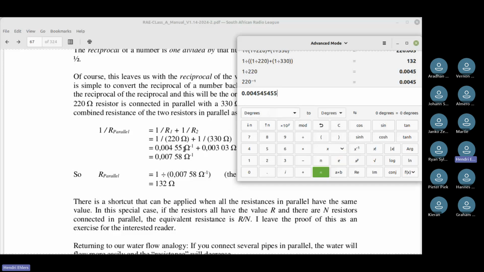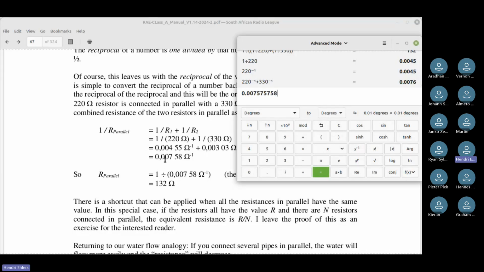Right. So now we know that that and that is the same. So we will say 220 to the power of -1 plus 330 to the power of -1, which we know now is the same as 1 over 220 plus 1 over 330, right? So if we did this individually, we'll end up with this answer, but we're going to not do it individually, so we're going to directly jump to that answer.